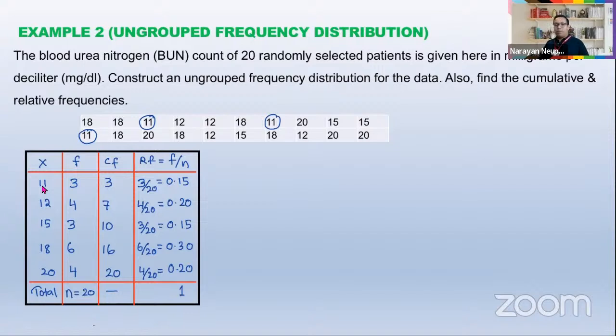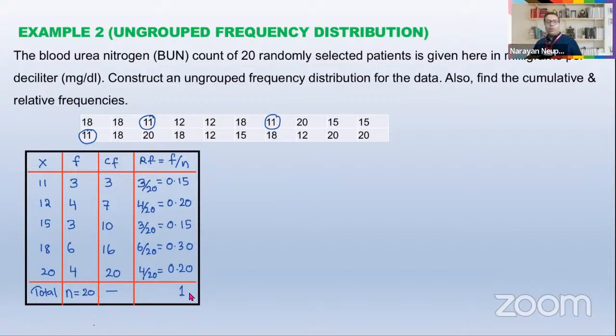Makes sense? Similarly, 0.30 means 30% of the given data is 18. That's why when you add all these relative frequencies, you get 1, which is 100%. So relative frequency represents the percentage of data that is present in the given distribution.